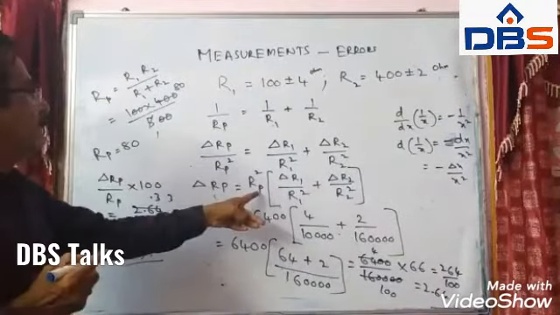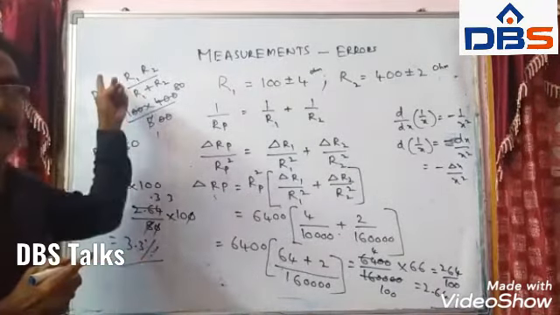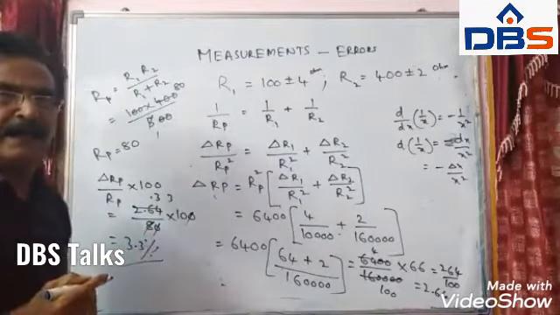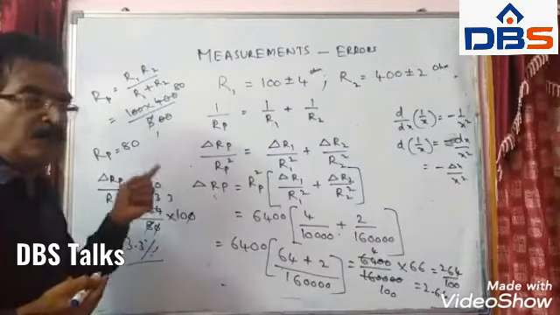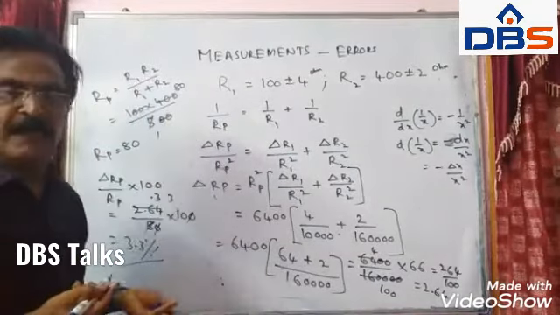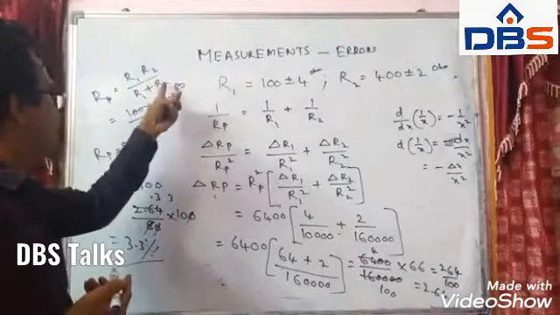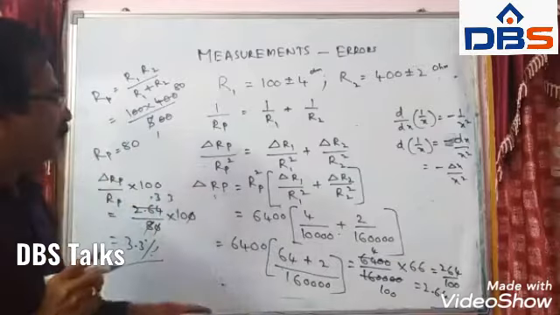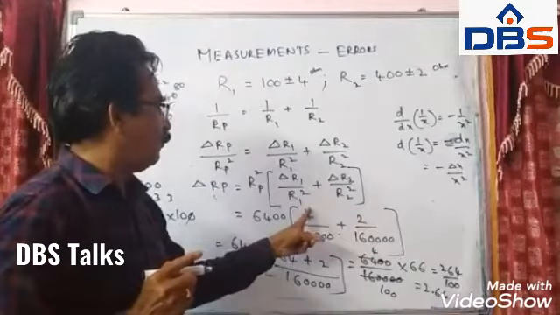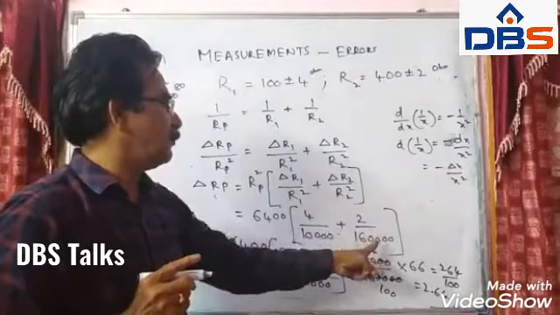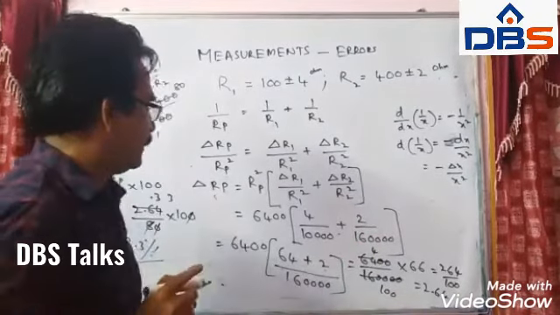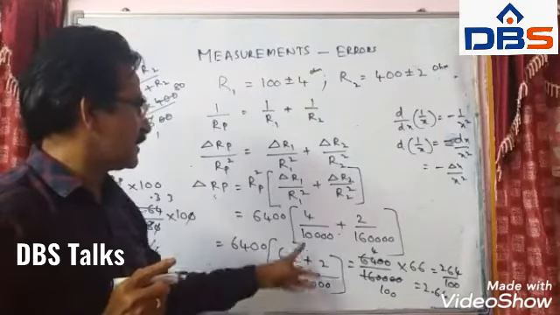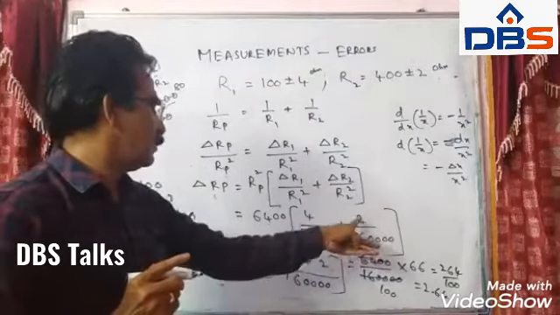Formula for RP, when connected in parallel, the effective resistance is R1 R2 by R1 plus R2. By doing so, we got RP 80. So 80 square into 4 by 10,000 plus 2 by 16,000, LCM 1,60,000. 16 fours 64 plus 2.